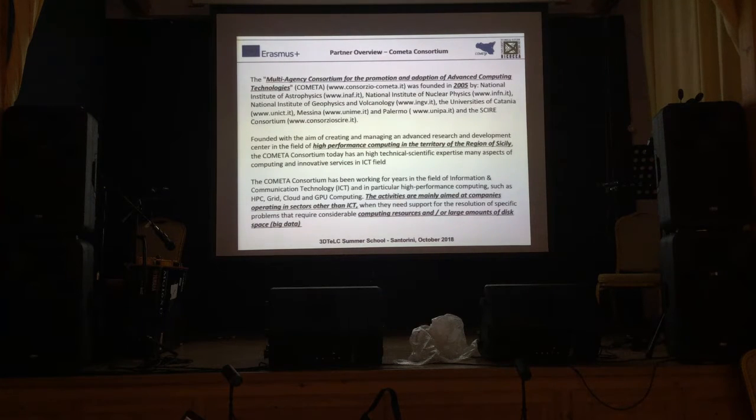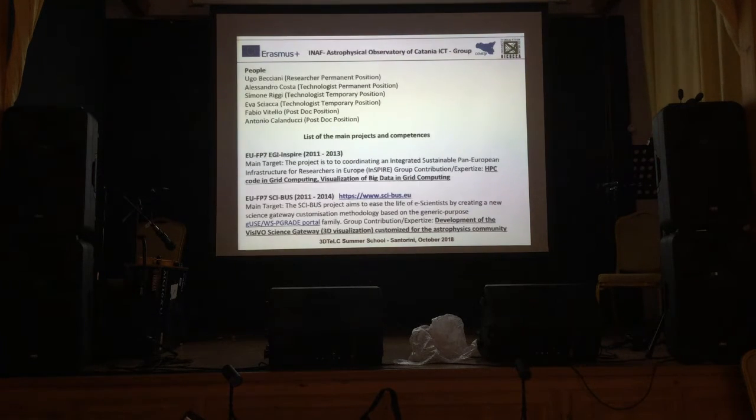This was made at the beginning to create a high performance computing network in Sicily, so it was located mainly on our island. Now the view is enlarged, and we collaborate with many institutions in many sectors to provide services for ICT in general. INAF is a partner of Cometa Consortium, like INGV, Danilo is here, and Susanna.